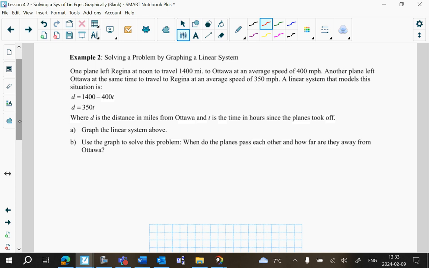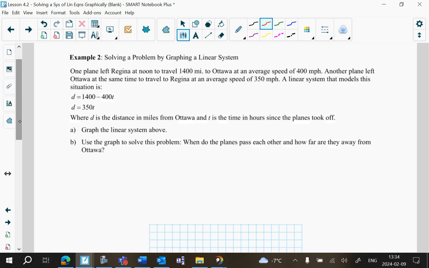So one of them, does this represent the plane that's going from Regina to Ottawa or Ottawa to Regina? Yes, and the speed is 400, which means the equation must have 400 in it.